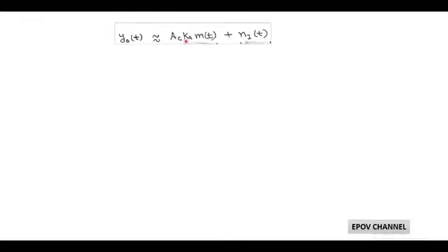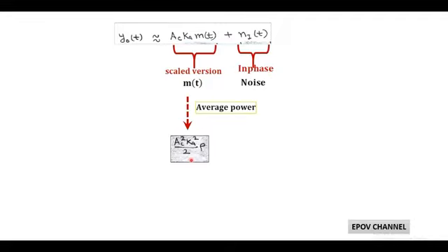From here we can find the average signal power of the scaled message signal, which equals Ac squared ka squared over 2 times P, where P is the average power of the message signal. And from the second term, the average noise power within message bandwidth W equals N0 times W. Here N0 is the average noise power per unit bandwidth.